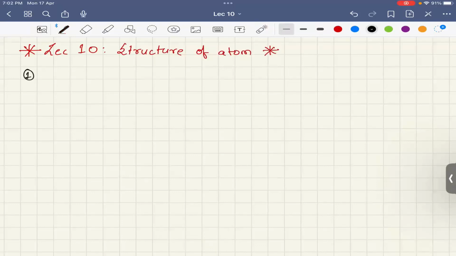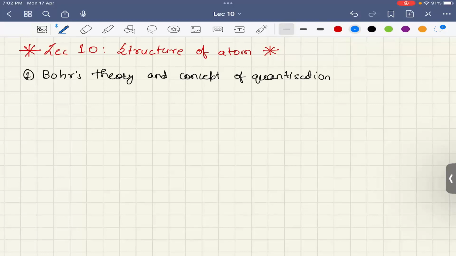Structure of atom. First topic is Bohr's theory and concept of quantization. A noticeable achievement of Bohr's theory of structure of atom was that it could predict the values of energies which an electron can have while revolving around the nucleus of hydrogen atom.